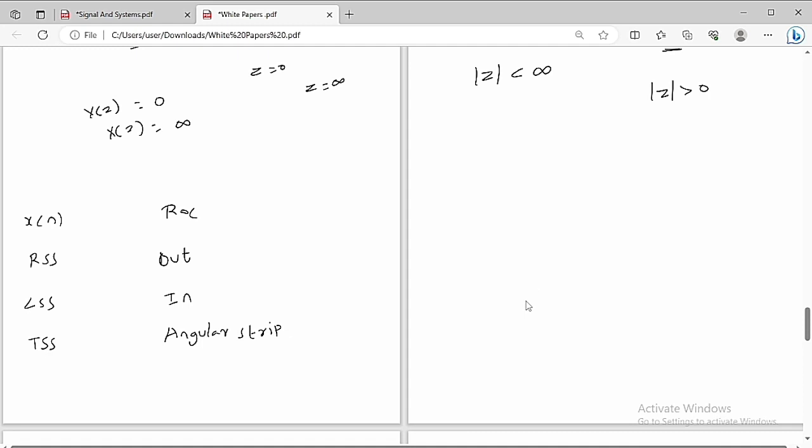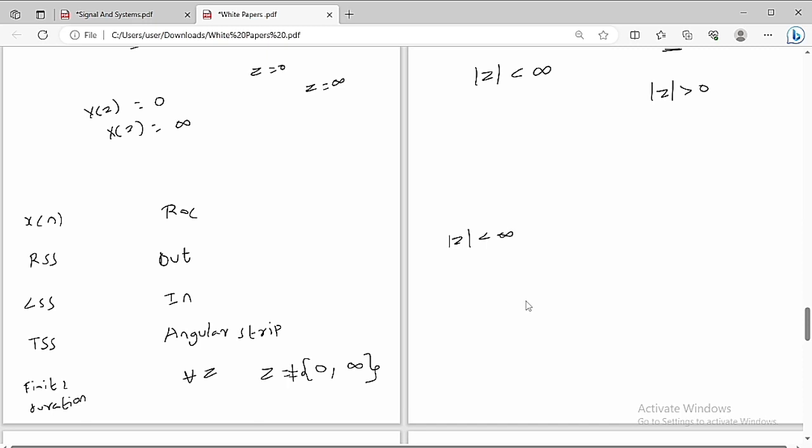Similarly, suppose it is a finite duration signal, then the ROC is all over the z-plane, excluding either the point circle or the infinite circle based on the conditions. Suppose the given signal is a finite duration signal and is present only on the left-hand side, then the ROC is not defined at infinity, so z less than infinity.